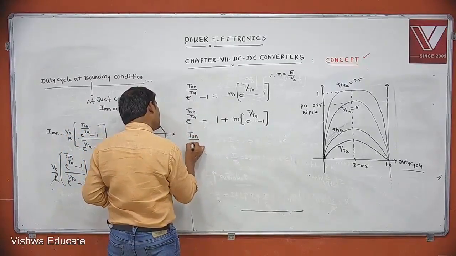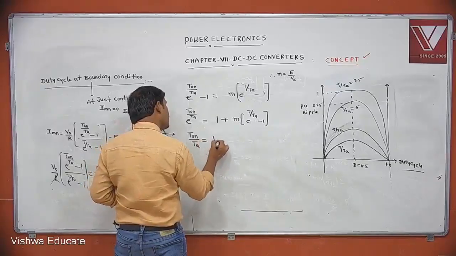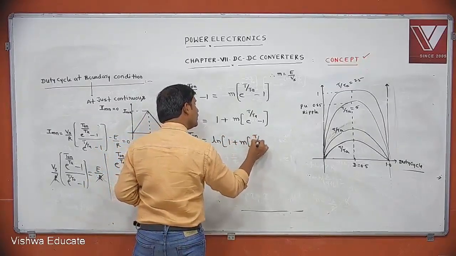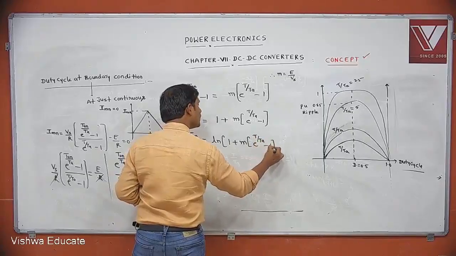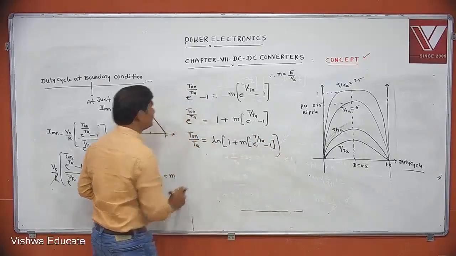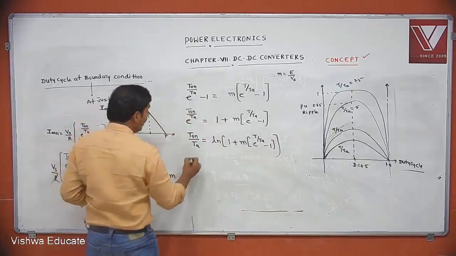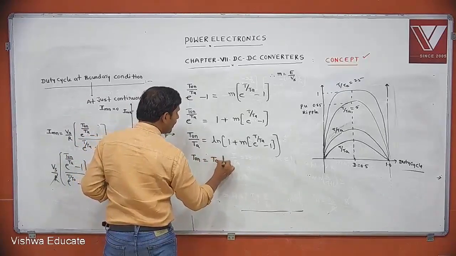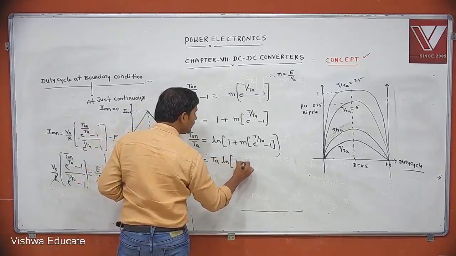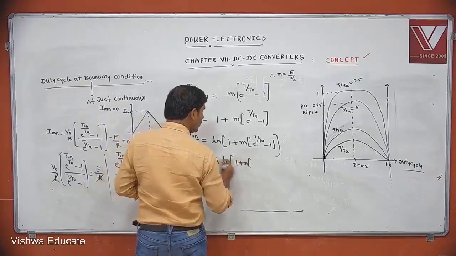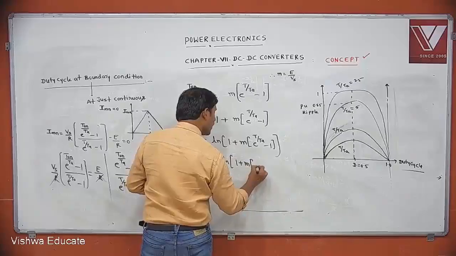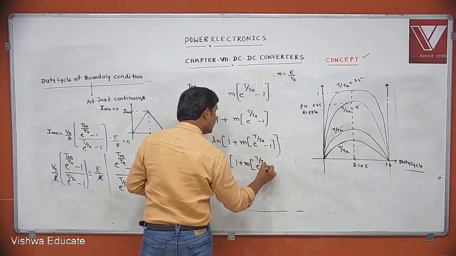T on by Ta equal to ln of 1 plus M into (e power T by Ta minus 1). Then T on equal to Ta into ln of 1 plus M into (e power T by Ta minus 1).